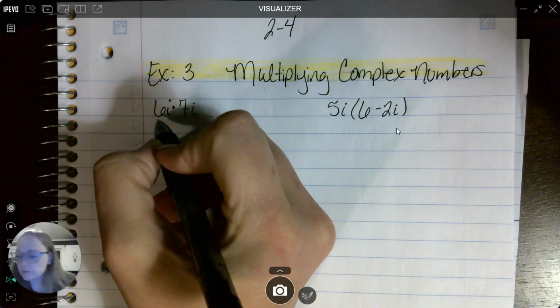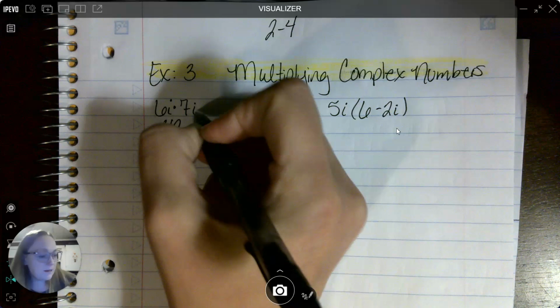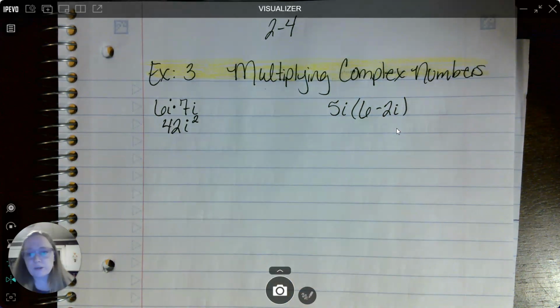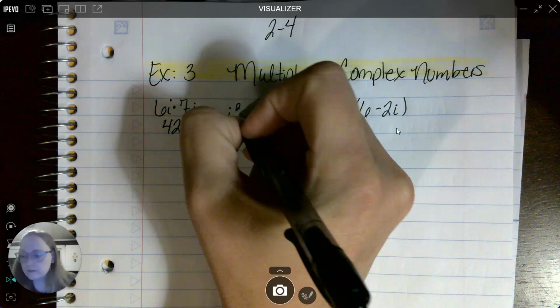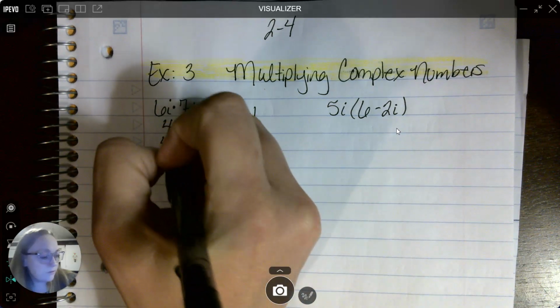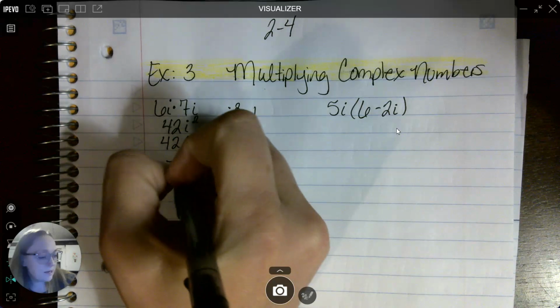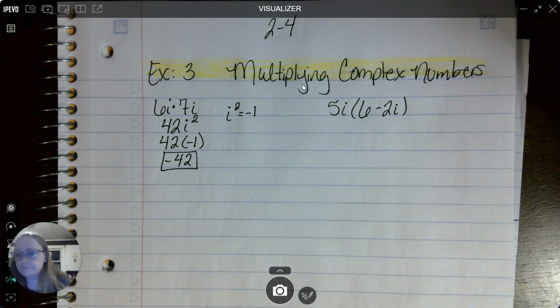So we multiply the coefficients like normal, 6 times 7, and we get 42. i times i, just like any other variable, is repeated multiplication, so we use an exponent. Now remember, i squared is also equivalent to -1. So we can rewrite this as 42 times -1, which is -42. That's simple.